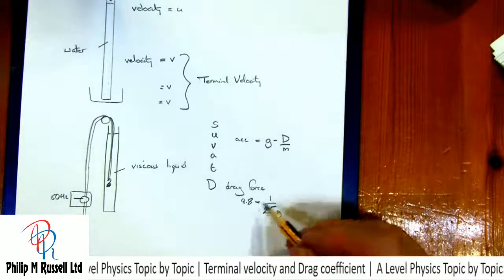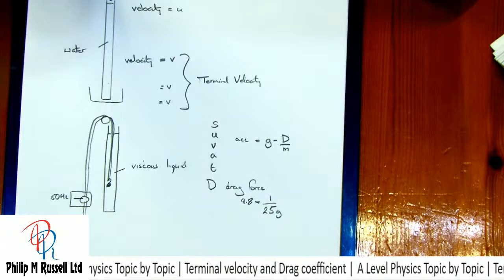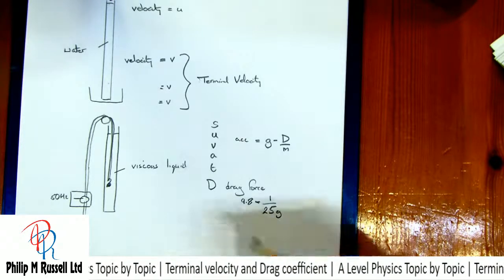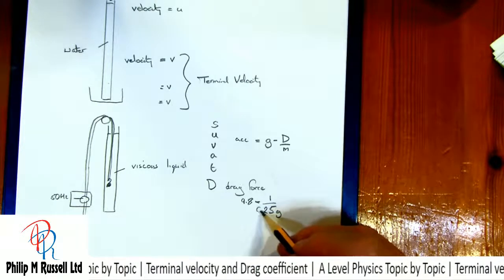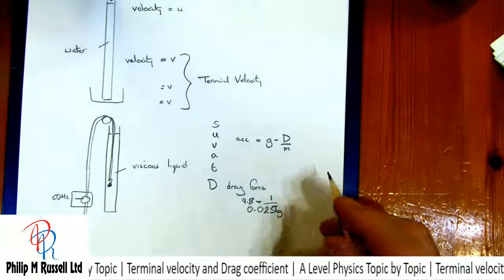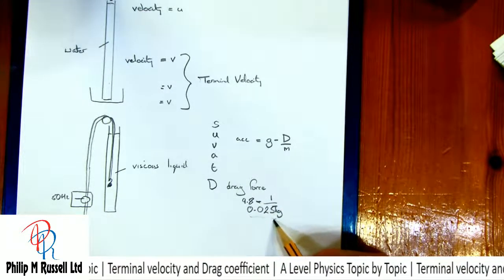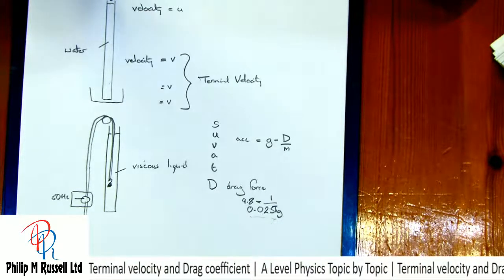It's just going down here by 1/25. If I put this in kilograms, which is a much better way of organizing this, then we can see that we're actually minusing only by a very small amount.